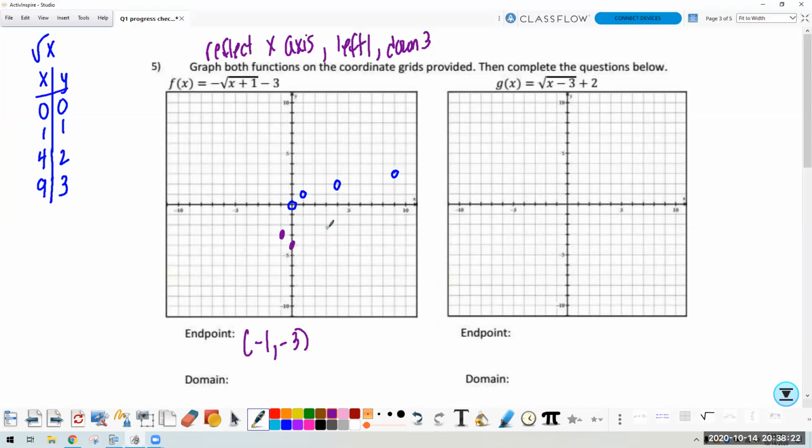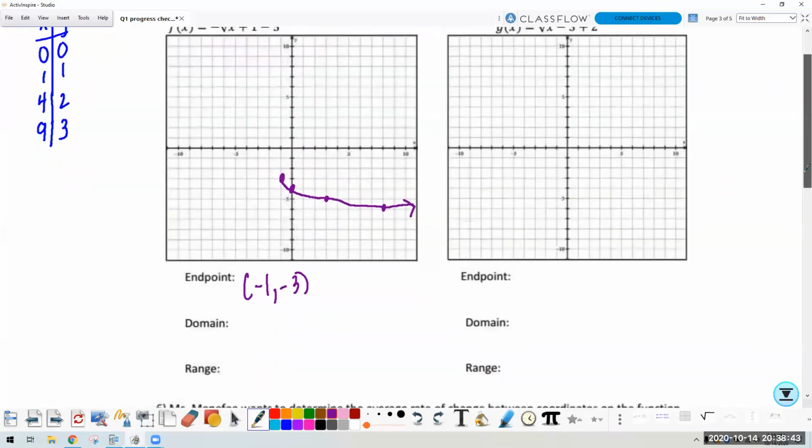Reflect, left 1, down 3. Reflect, left 1, down 3. Let me erase those points. So there is my graph, kind of squiggly, but you get the idea.